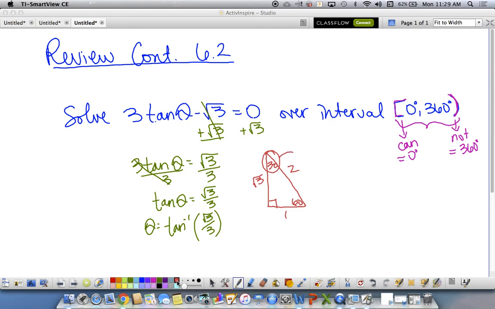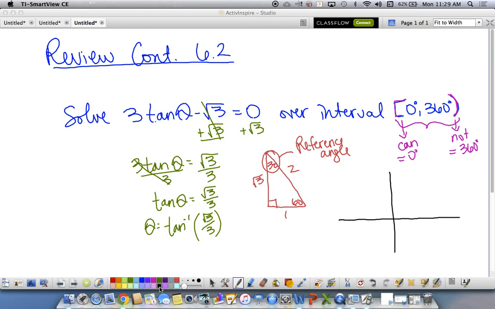So this 30 degrees is my reference angle. Okay, once you have your reference angle, triangle or calculator gives it to you, every time. The issue with your calculator is it only gives you one answer. Then I'm going to look at my graph every time.